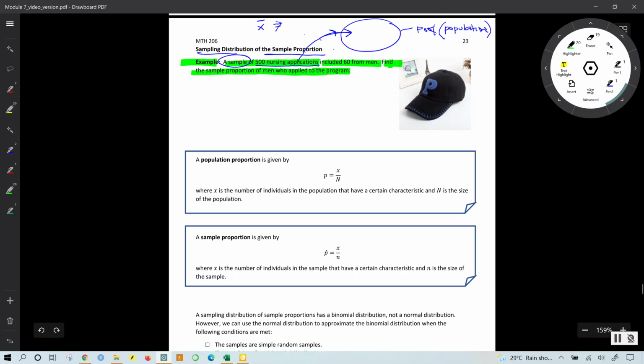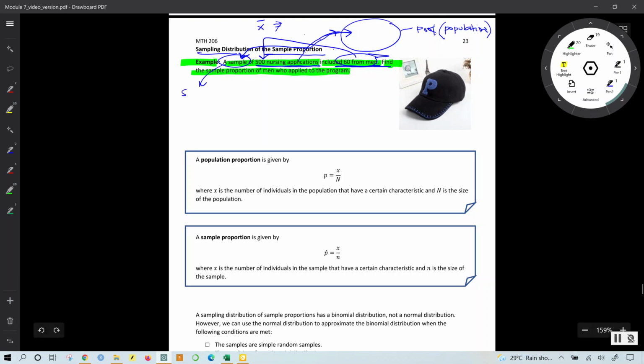Out of this entire population, we drew randomly a sample of 500 nursing applications. Why did we draw that sample? It is so that we can observe how many out of these 500 nursing applications were from men. And we observed that 60 out of this 500 were from men.